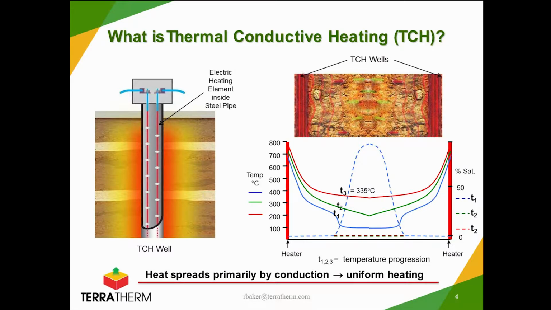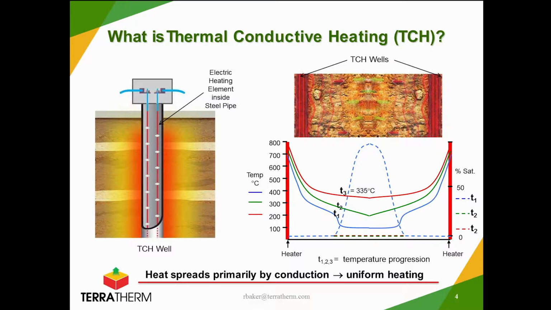TCH involves placing steel pipes into the soil to be heated, and inside each steel pipe, as you can see on the left, is an electric heating element. It therefore conducts electricity only within the heating element, not through the soil, and delivers the same wattage of heat throughout its entire length.